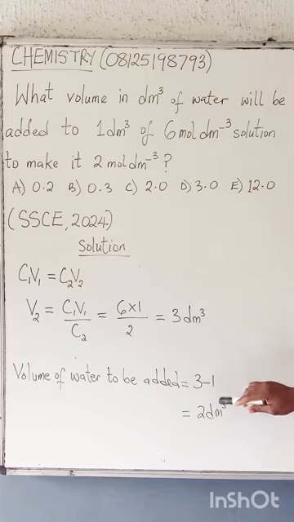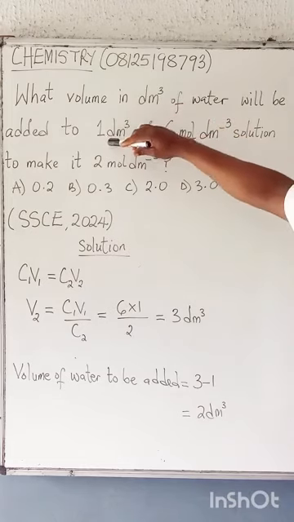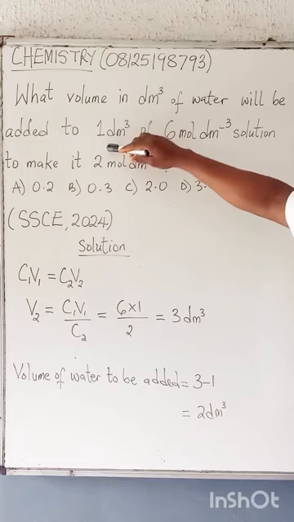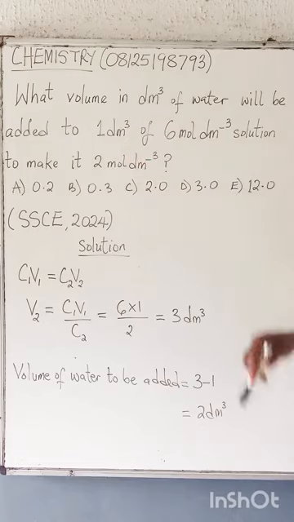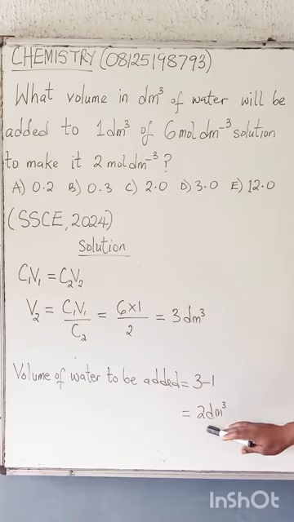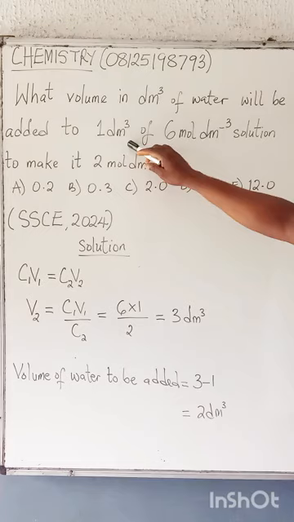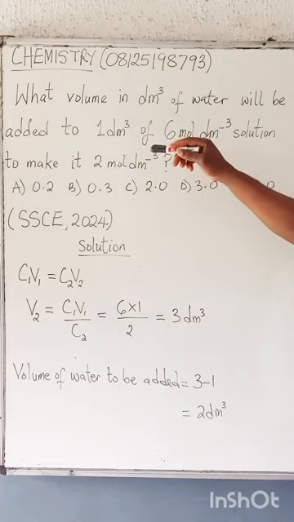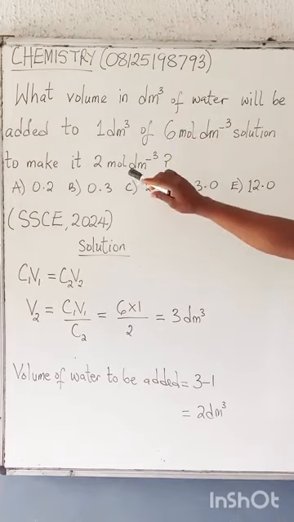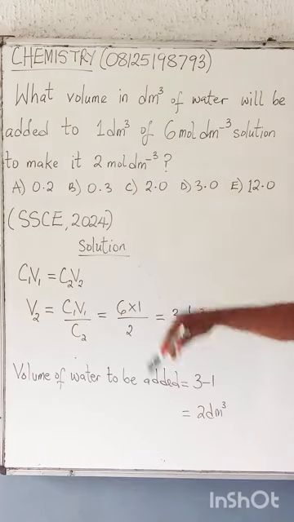The one we're taking away is the volume of the first solution, the volume of the stock solution. And when we do that, we're going to obtain 2 dm cubed. That is the volume of water that will be added to the stock solution, which is already 1 dm cubed, to make it a solution that has this low concentration.